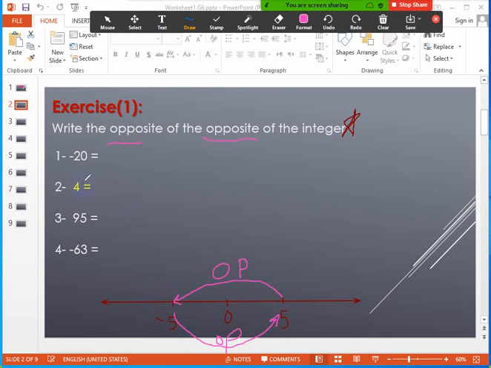So, what is the opposite of the opposite of negative 5, Jana Muhammad? Yes, what is the opposite of negative 20? Very good, negative 20. Thank you, Jenna. Now let's see. Yes, Maria.